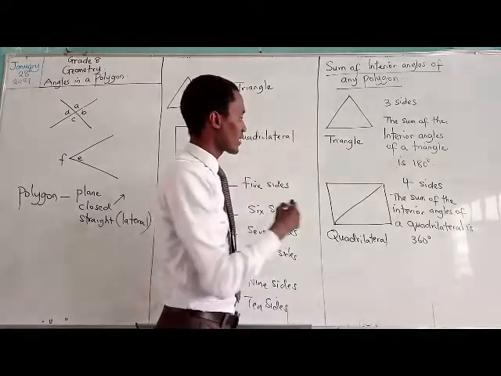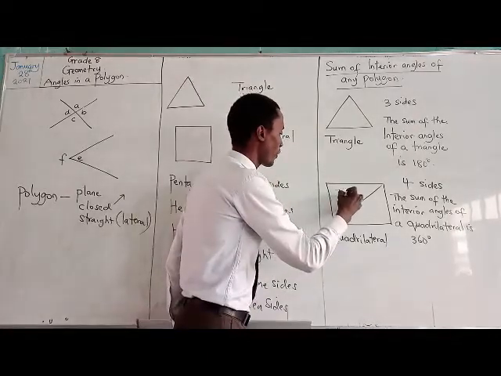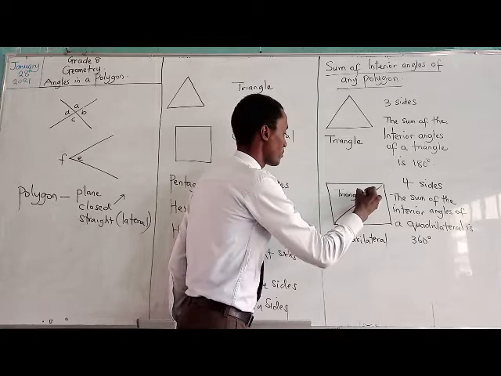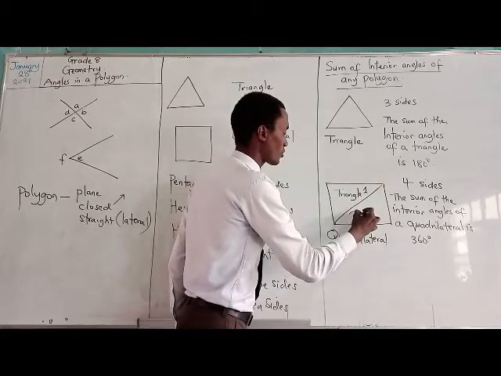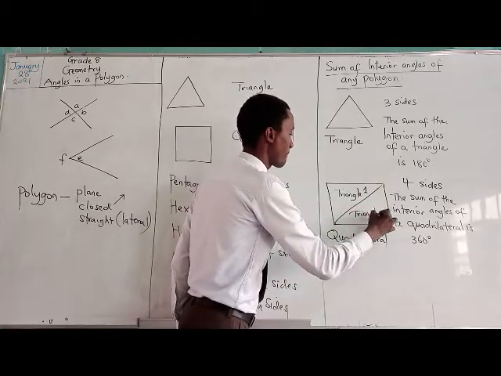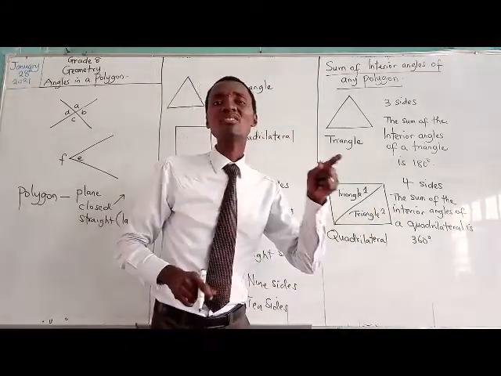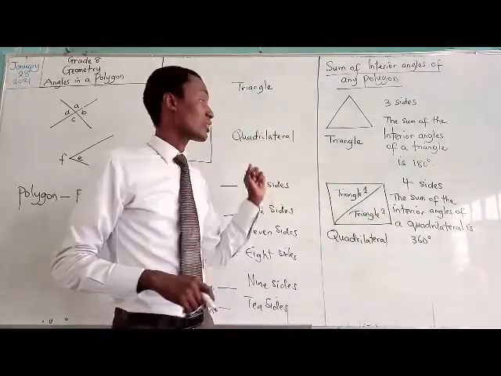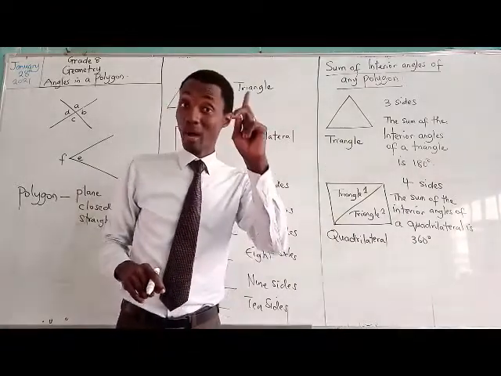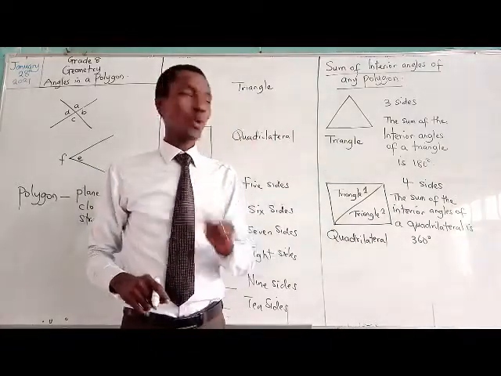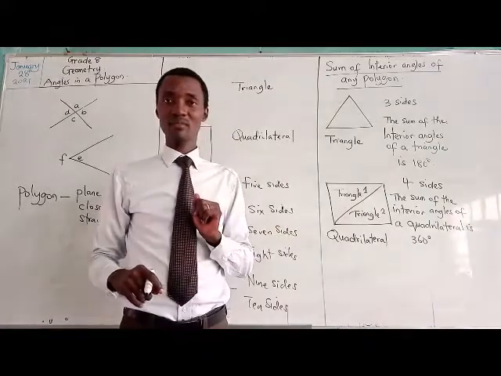So if you look at this, this becomes one triangle. This becomes another triangle. One triangle, another triangle. What is the sum of the angles of a triangle? 180. So how many triangles are you seeing?